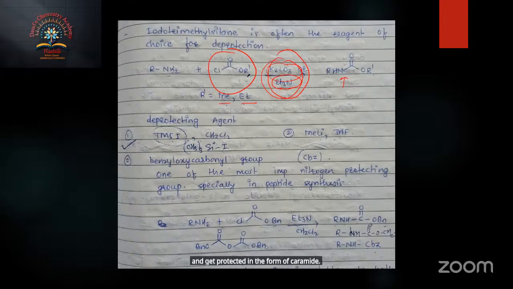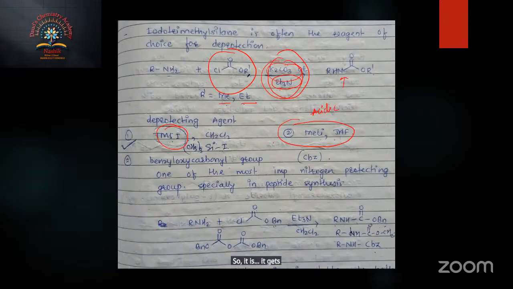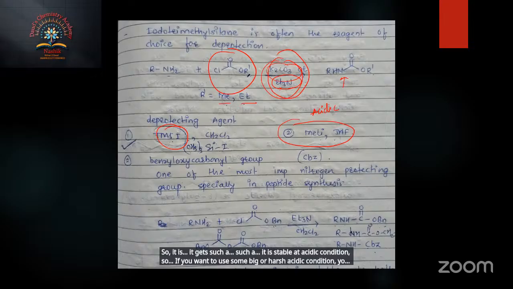Why is it important? Because it is stable to acidic condition. See, there is no acidic condition here, right? So if you want to use some weak or harsh acidic condition, you can use it during this protection.